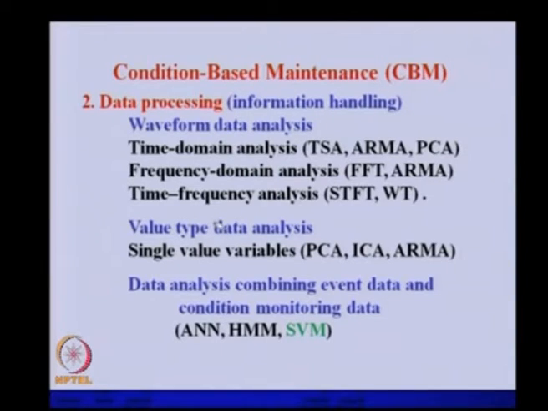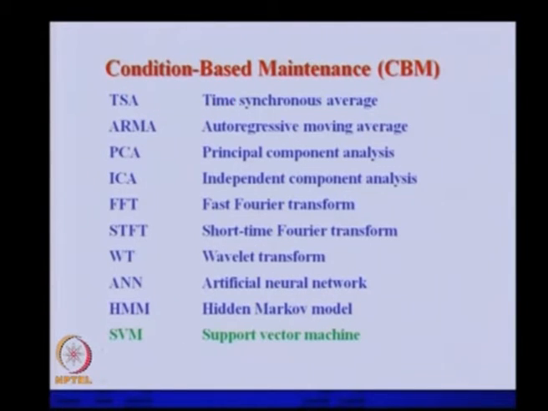Another is the value type data, like a single value variable, like temperature or pressure, in which we get at one particular time maybe one value. So, that kind of data also we can collect, and there are various methods which are available to analyze this. So, various methods are listed here.